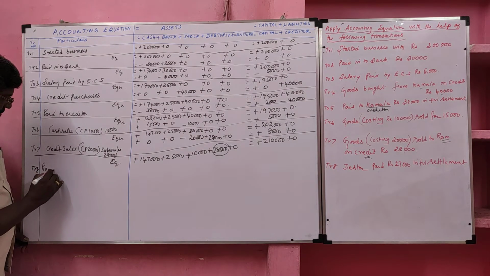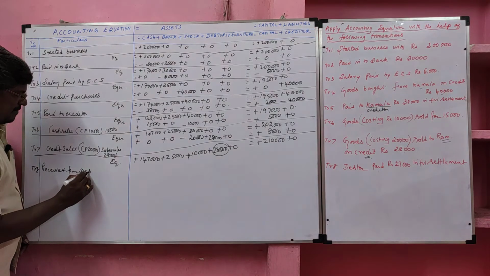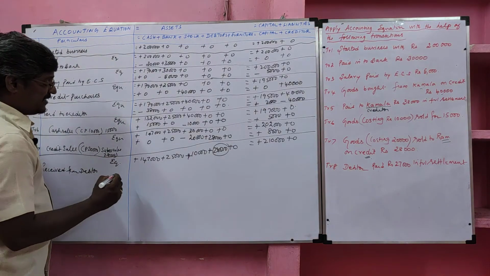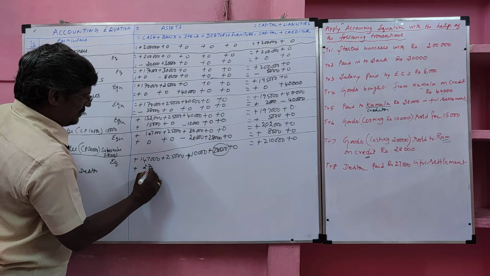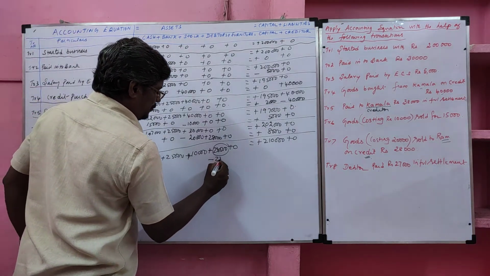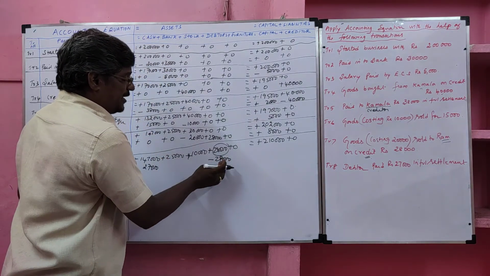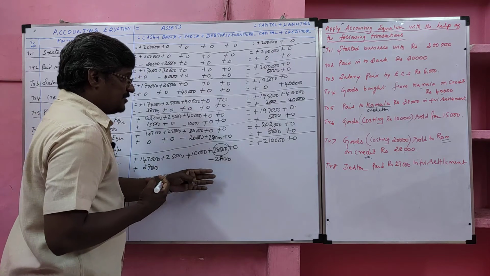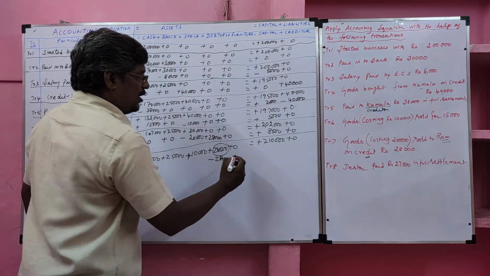Received from debtor. Actually, how much did we receive from debtor? 27,000. That should be added with cash. The debtor is fully reduced. The debtor owes us 28,000, but they paid 27,000. The difference is a discount allowed, a nominal account.